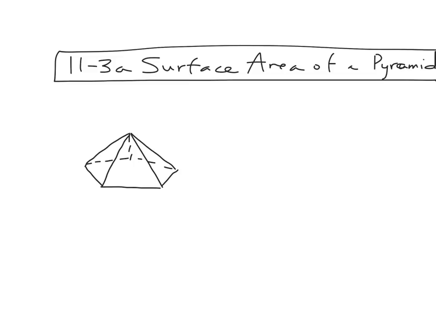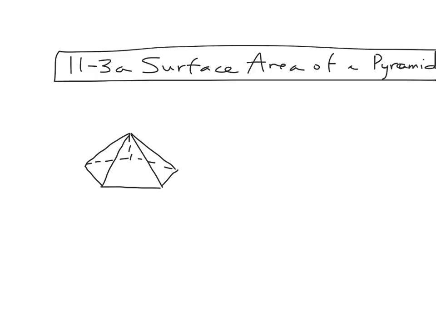Okay, so let's say this is a regular what? What kind of pyramid? Pentagonal pyramid. Okay, this is a regular pentagonal pyramid. That means that all of our sides are equal length and all of our triangles are isosceles triangles. Okay, congruent isosceles triangles.